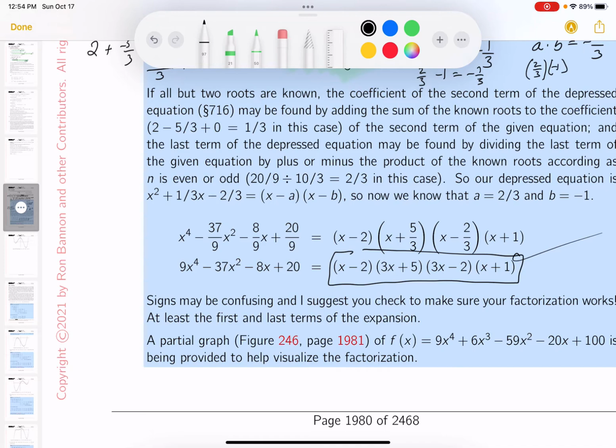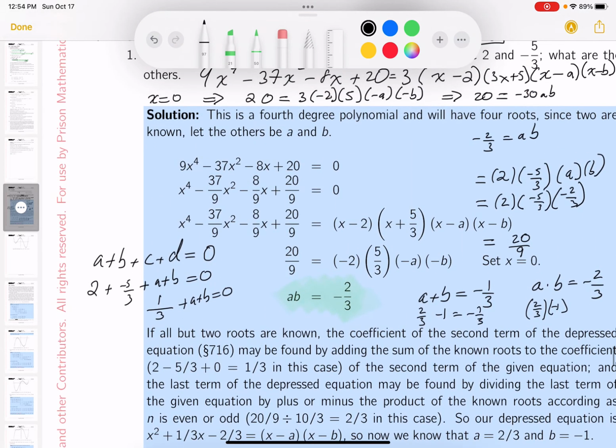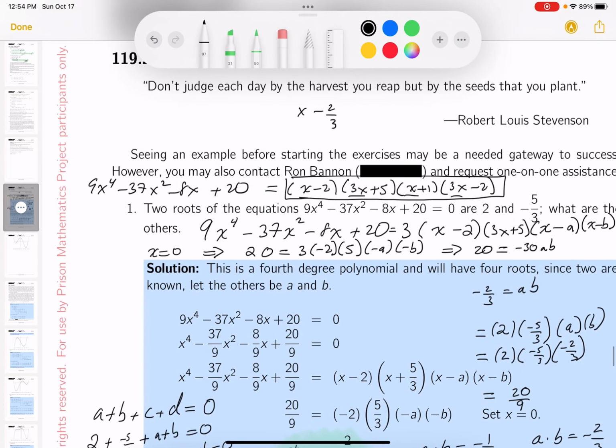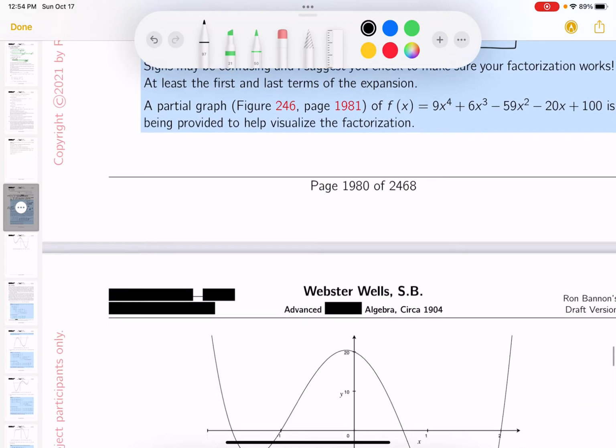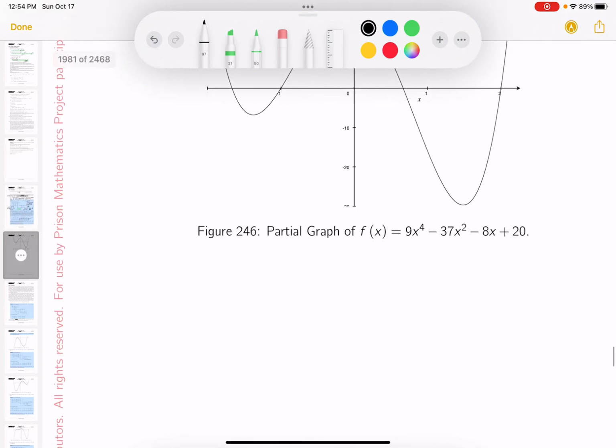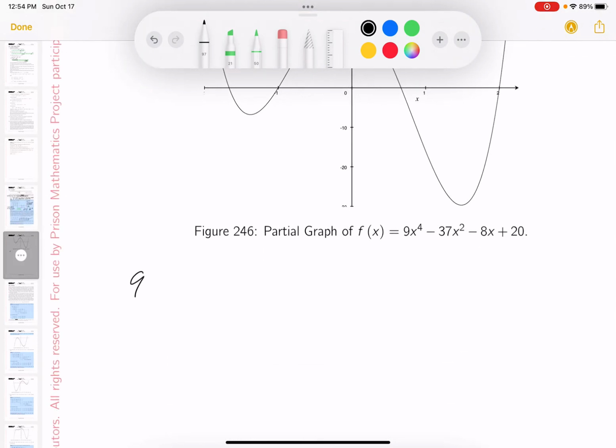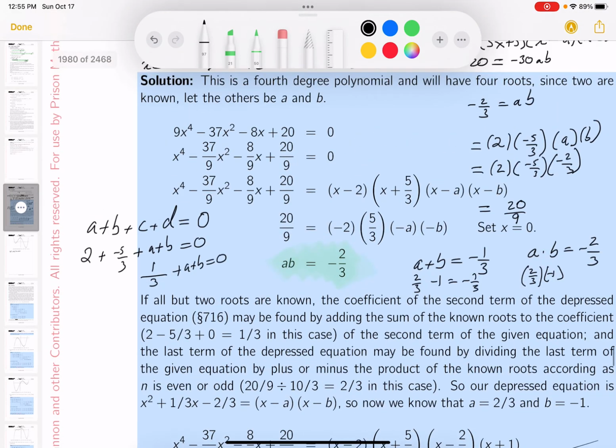I would much prefer to use a long division. And let me just briefly go through that with you, all right? But the coefficients are nice, so there are no patterns over there, it's really nice. If I were given this problem over here, which is 9x^4 minus 37x squared minus 8x plus 20, and I were told two of the factors, again, go back over here.